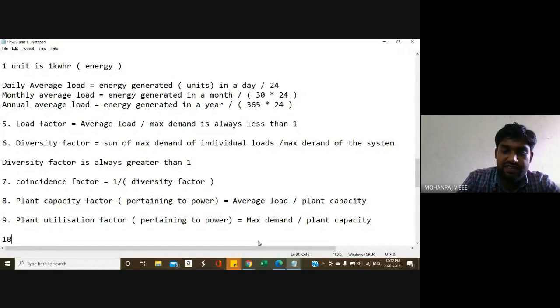Then we have plant use factor. What is this plant use factor? This is related to energy.